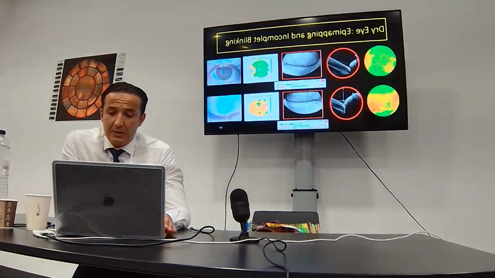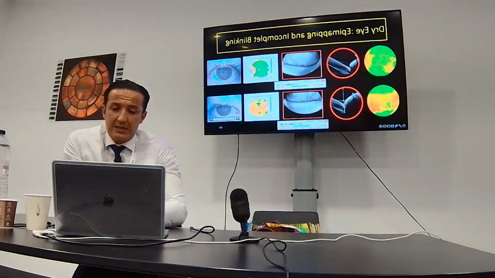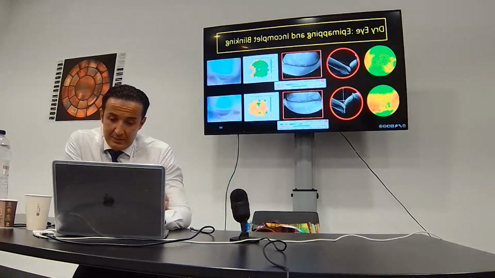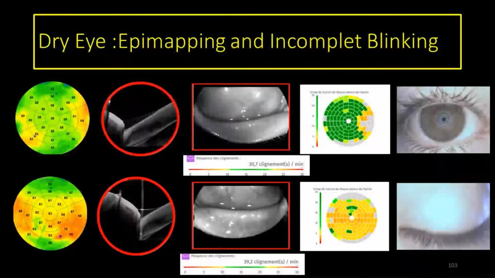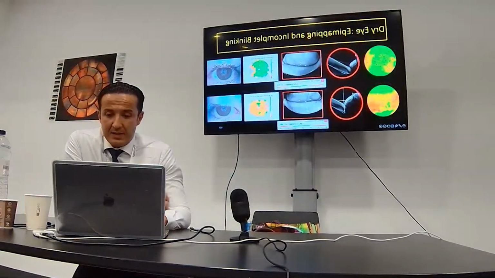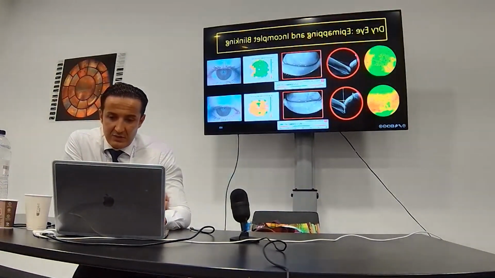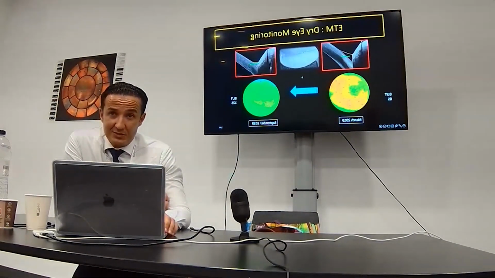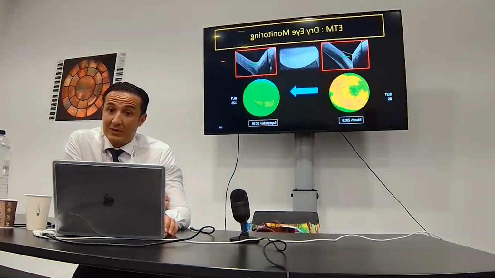And look here, the correlation in case of incomplete blinking: we observe a very short breakup time correlated with the hyperplasia of the epithelium in the first stage of the dry eye with the advanced stage of meibomian dysfunction. And after the treatment, we observe normalization of epithelium shape with an increase of the breakup time.